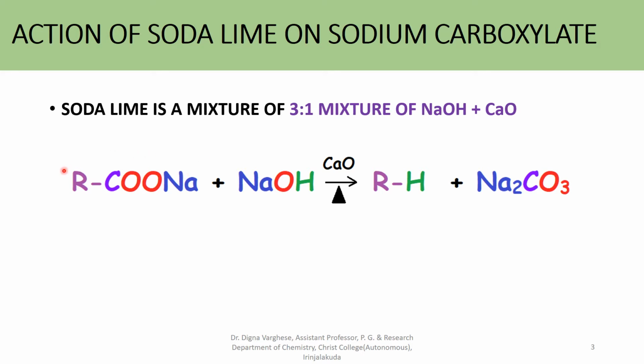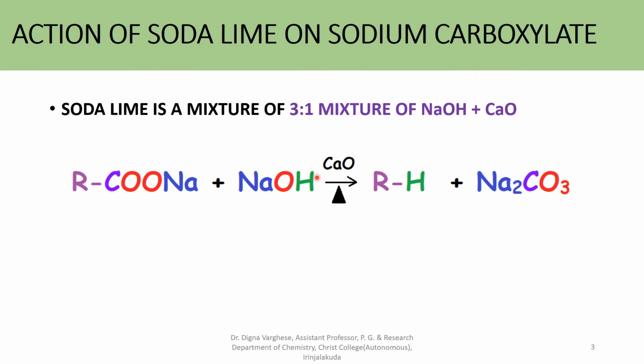Sodium carboxylate is obtained by the removal of a hydrogen ion from the carboxylic acid, and it reacts with soda lime, a 3:1 mixture of sodium hydroxide and calcium oxide.